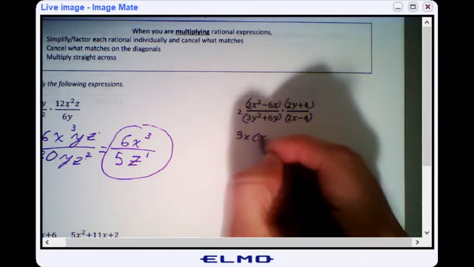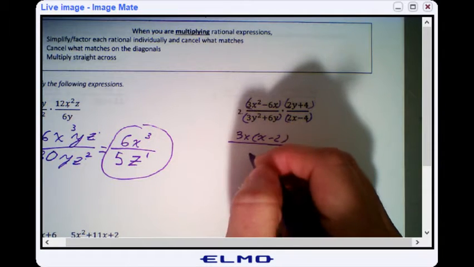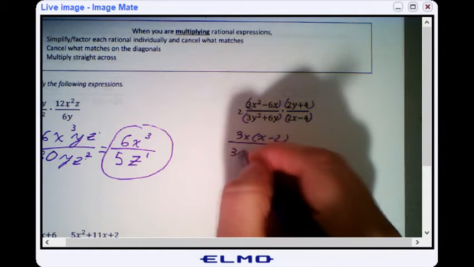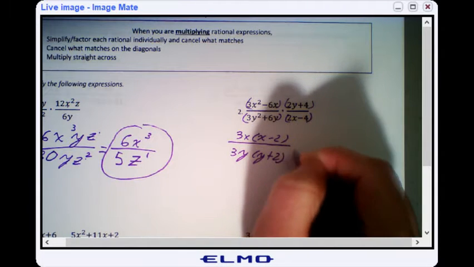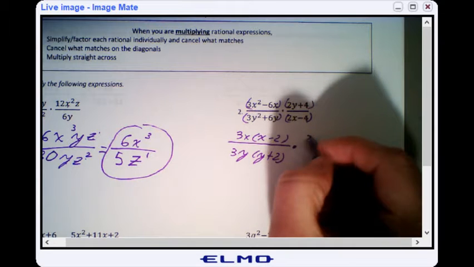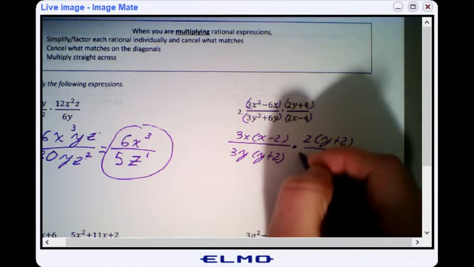We're left with x minus 2. The denominator on the left side has a GCF of 3y. So we're going to be left with y plus 2. And then times, we have a GCF of 2 for the right numerator and a GCF of 2 for the right denominator.